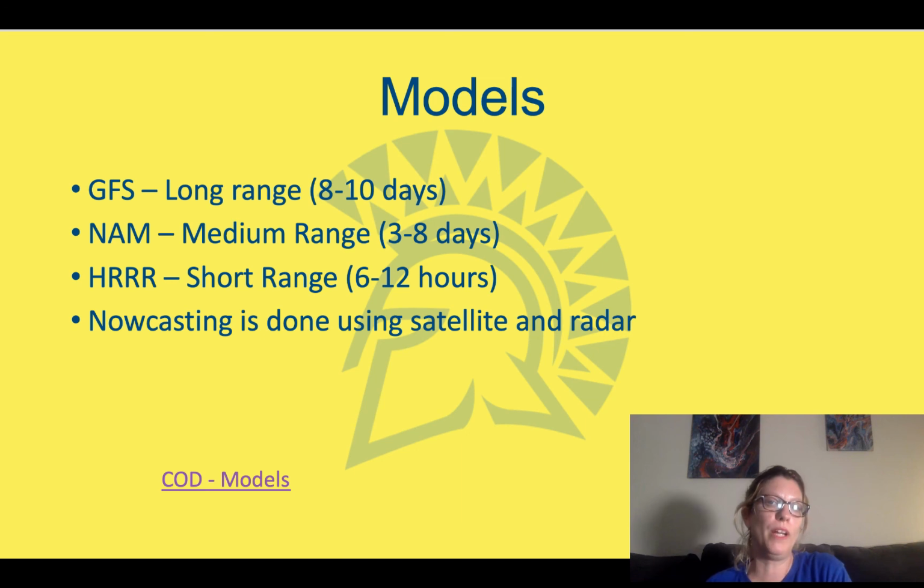So I could see on the radar, actually in the satellite, where that storm was, and I could understand how fast it was going and infer when it was going to be at our location. So that's what nowcasting is. That is definitely used a lot with warnings, with watches, that kind of idea. We're looking at the current conditions and deciding where it's going to go and when it's actually going to hit.